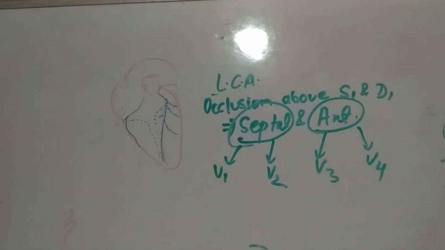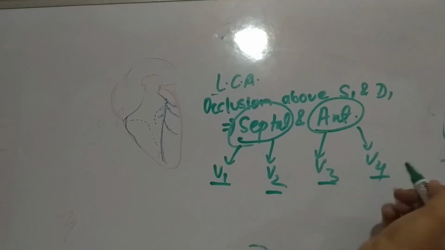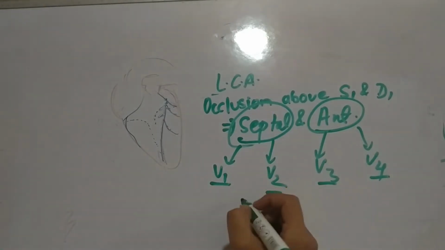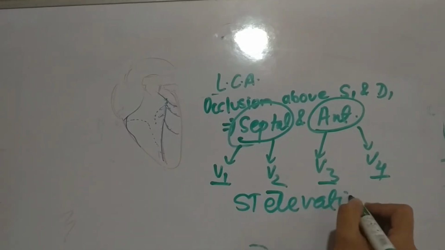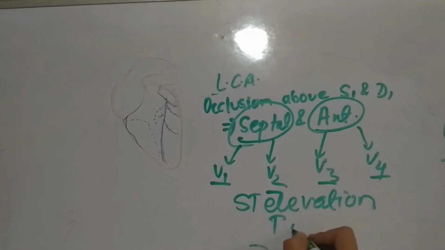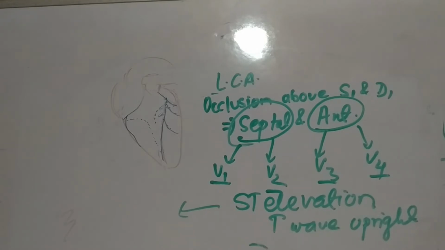So the basic pathology will be found in B1, B2, B3 and B4. So what will be the pathology then? There could be ST elevation and T wave upright, or there could be ST depression, ST might be like depressed and T wave inversion.